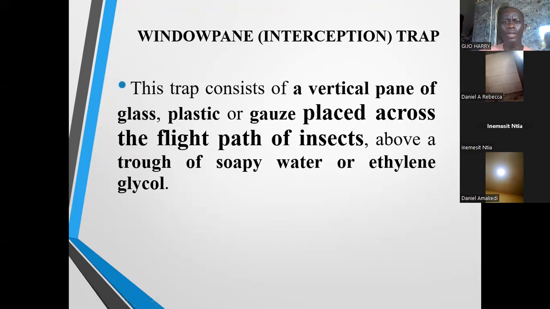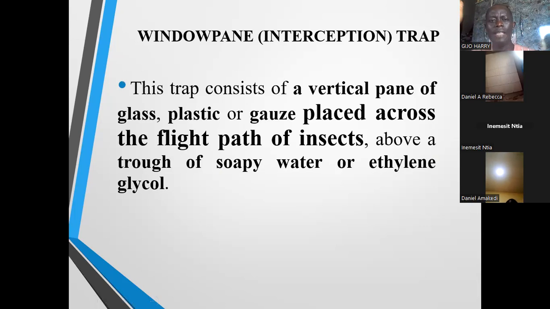We also have the window pane or the interception trap. This trap consists of a vertical pane of glass, plastic, or gauze placed across the flight path of insects.